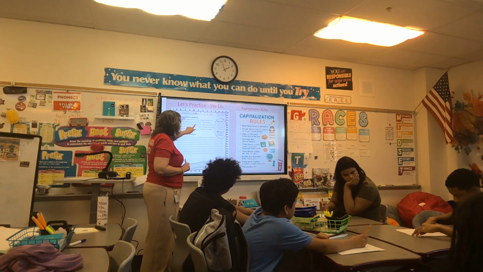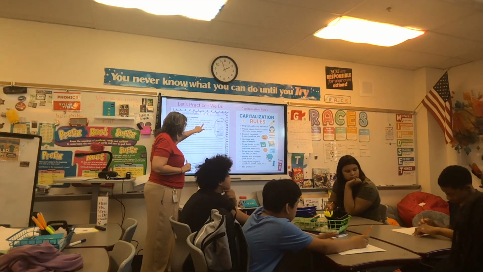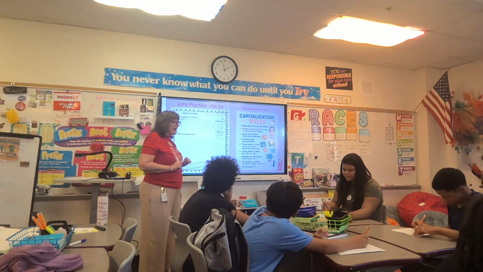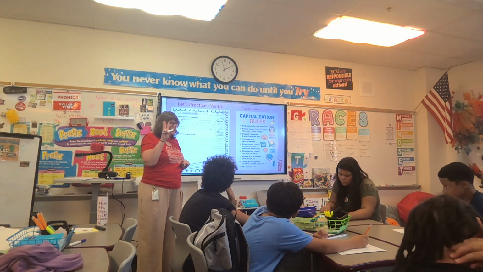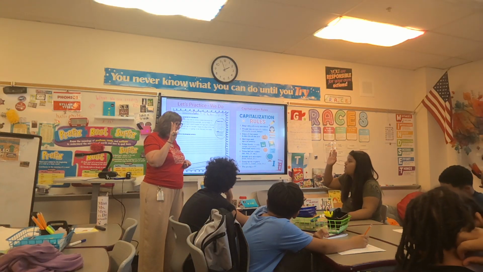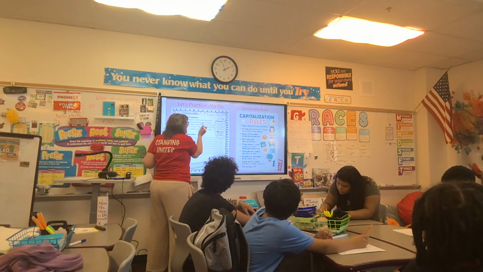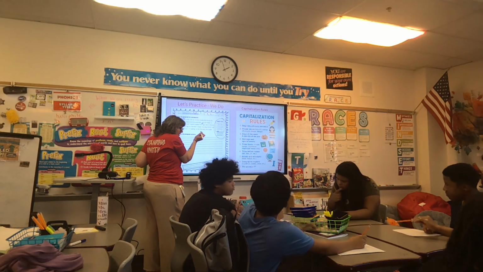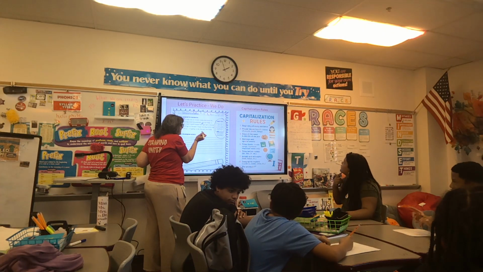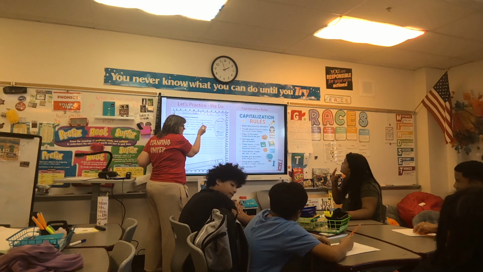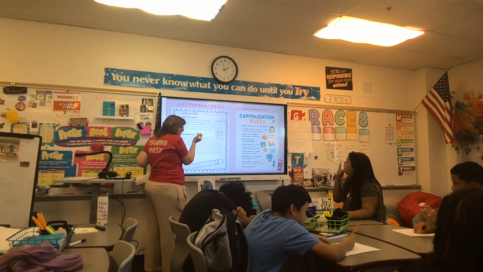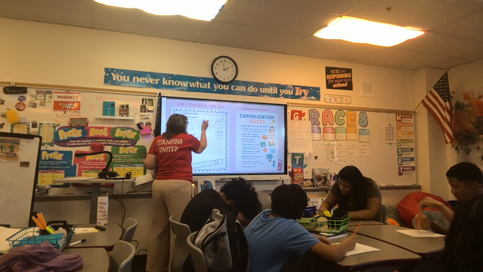Okay, sentence number 2. My birthday is Friday and I can't wait. There are 3 capitalizations in here that we need. What's the first one? Naomi? My. Which capitalization rule applies? Beginning of every sentence. It's not a proper noun, it's capitalized because it's the beginning of a sentence.